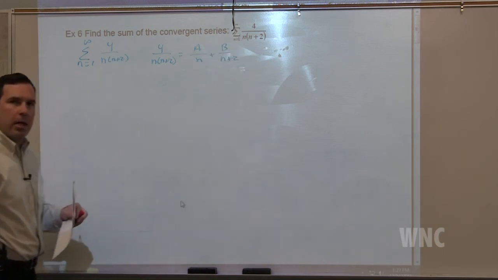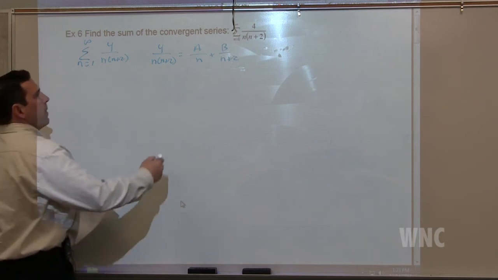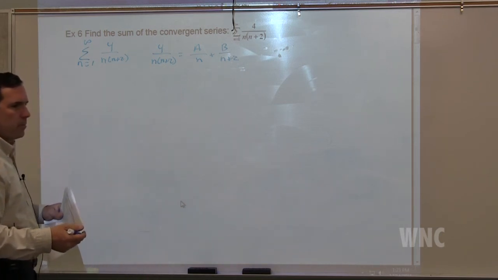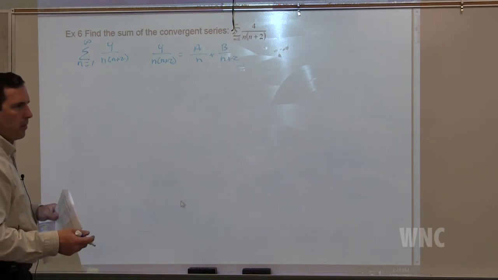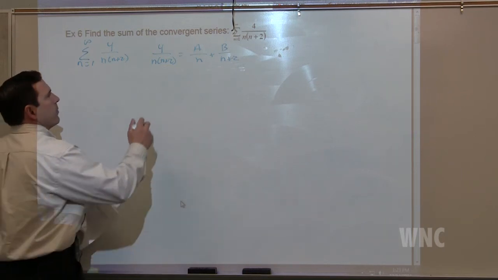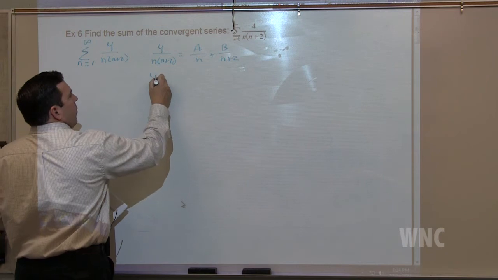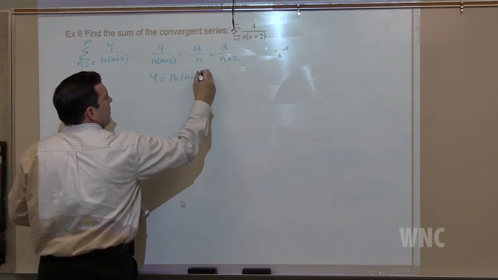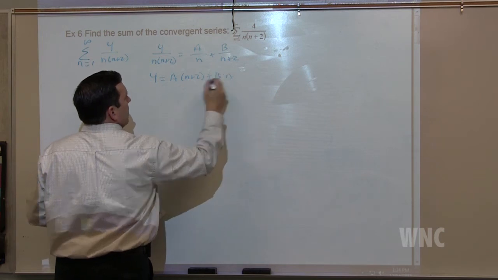Remember from chapter 8 we did partial fractions? If you forgot, you can go back and look at that section. I think it's 8.7. Could be 8.5. So that's going to be 4 equals A times n plus 2 plus B times n.